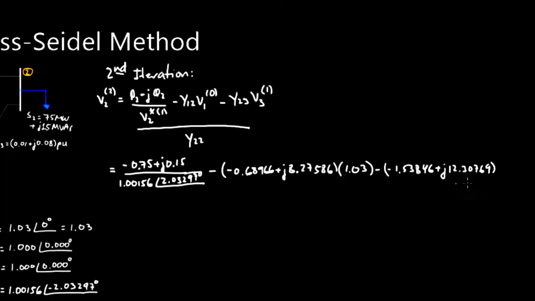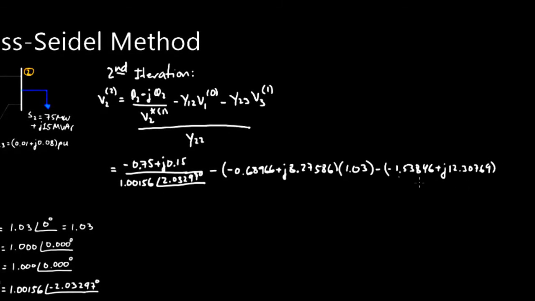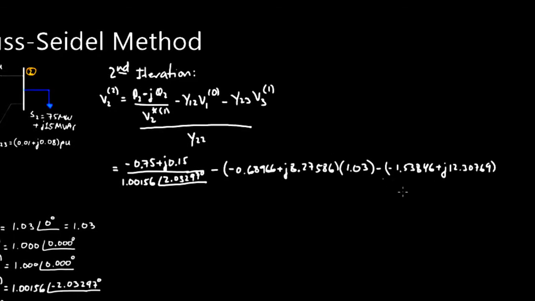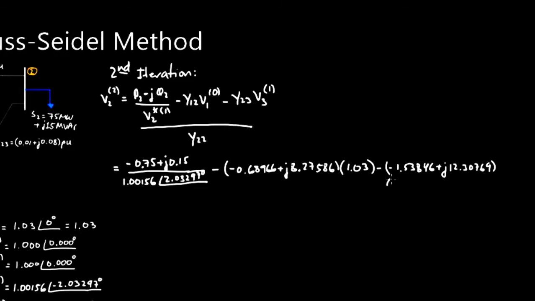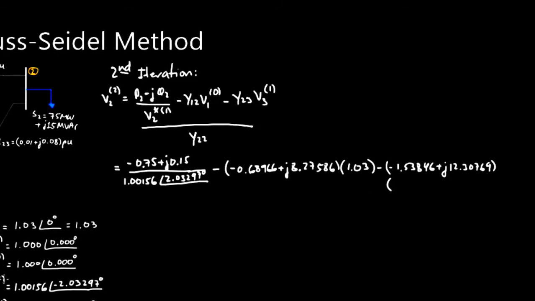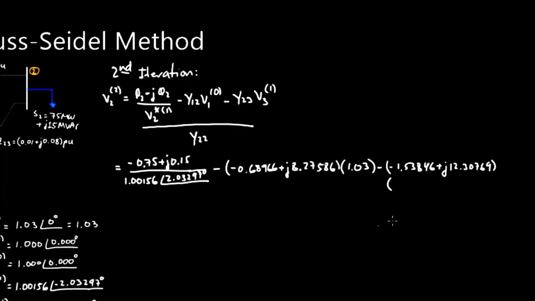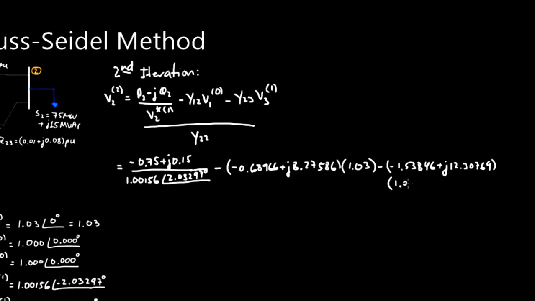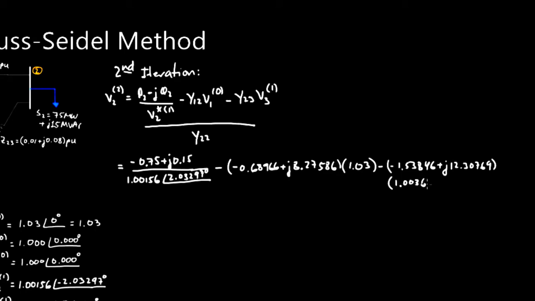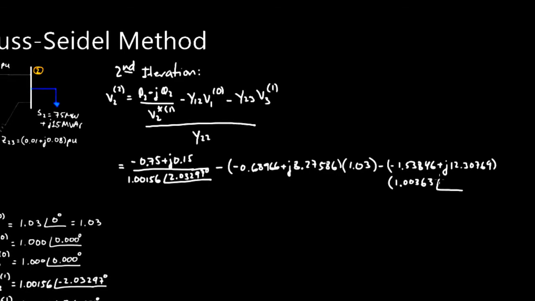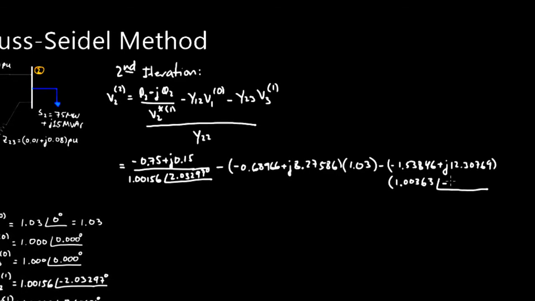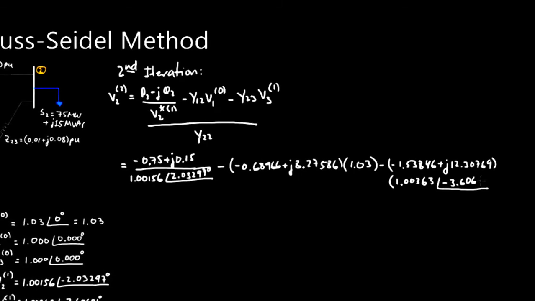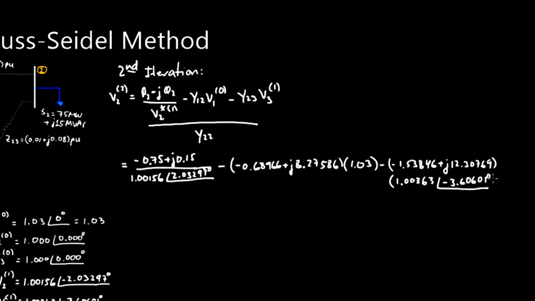And it looks like I'm going to still run out of room. It's kind of hard to fit all of this into one line. But I will get this times V3 of 1, so let me put it underneath it. So V3 of 1 is this number that we got over here: 1.00363 at an angle of minus 3.60601 degrees.